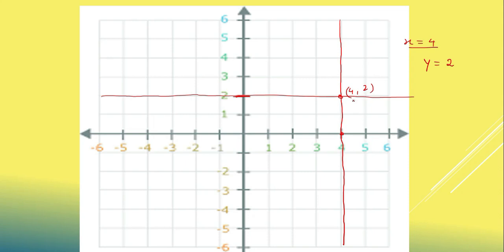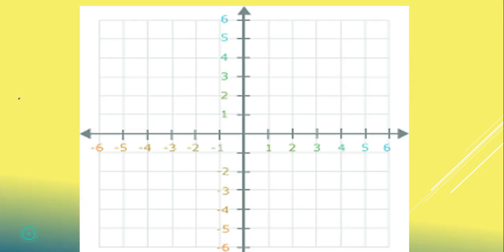Okay, in this way you can plot any point on this graph. If I want to plot -1 and 6, x is -1, it's here, y is positive 6 here. So this is the point of the intersection of the lines x is -1 and y is equal to 6. Similarly, you can plot any point on this graph.